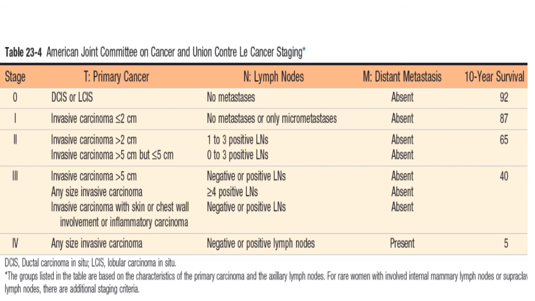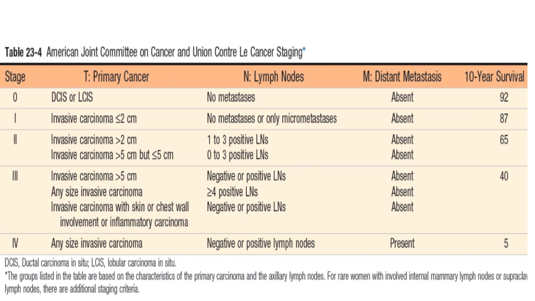Stage 3 tumors of the breast can be invasive carcinoma more than 5 cm, negative or positive for lymph nodes, distant metastasis is absent, or any size of invasive carcinoma with more than 4 positive lymph nodes, still with no metastasis, or invasive carcinoma with skin or chest wall involvement or inflammatory carcinoma with negative or positive lymph node but no distant metastasis. Still, the survival is 40%.